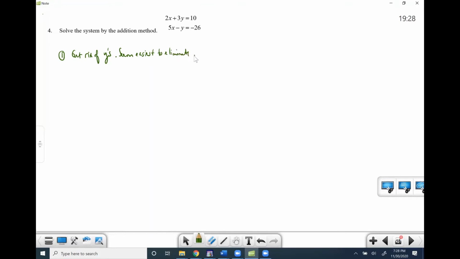If I were gonna get rid of the x's, which I could do, it's no biggie. But what I would have to do is multiply this one by 5 to make a 10 there. And then I'd have to multiply by a negative 2 to make a negative 10.